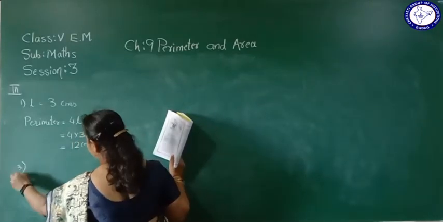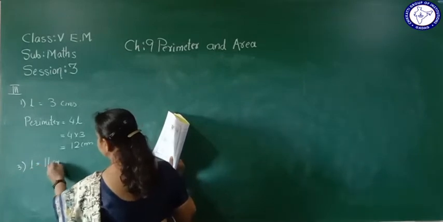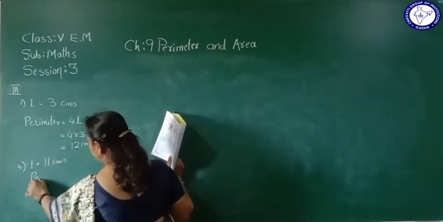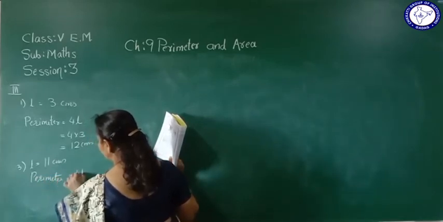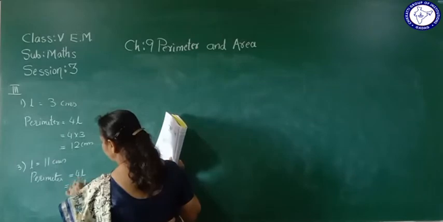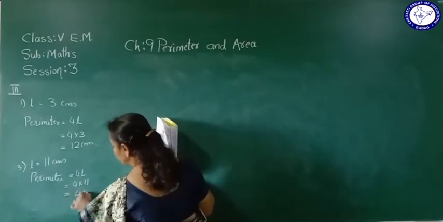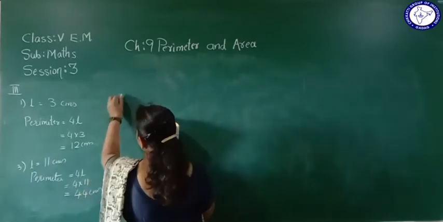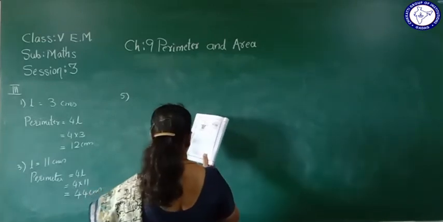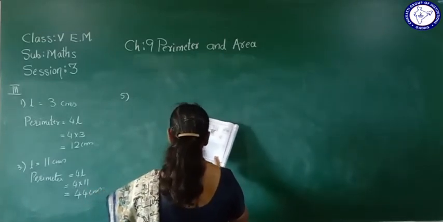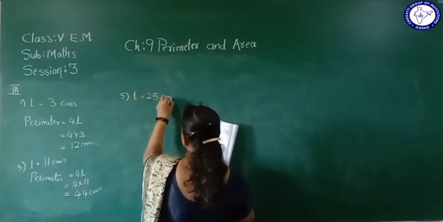Then the third one, here L is given as 11 centimeters. So here again the perimeter of a square is 4L, which is equal to 4 into 11. 4 into 11, 11 4s are 44 centimeters. Then the fifth question here, L is given as 25 centimeters.